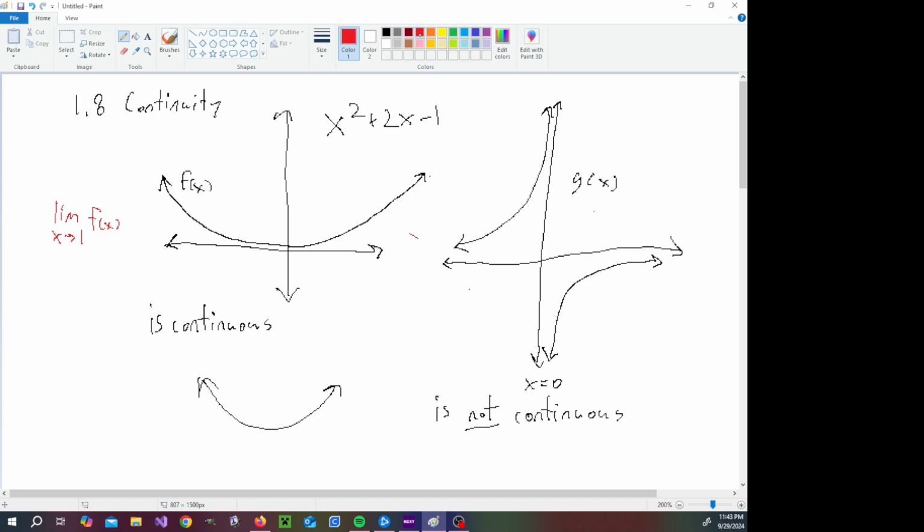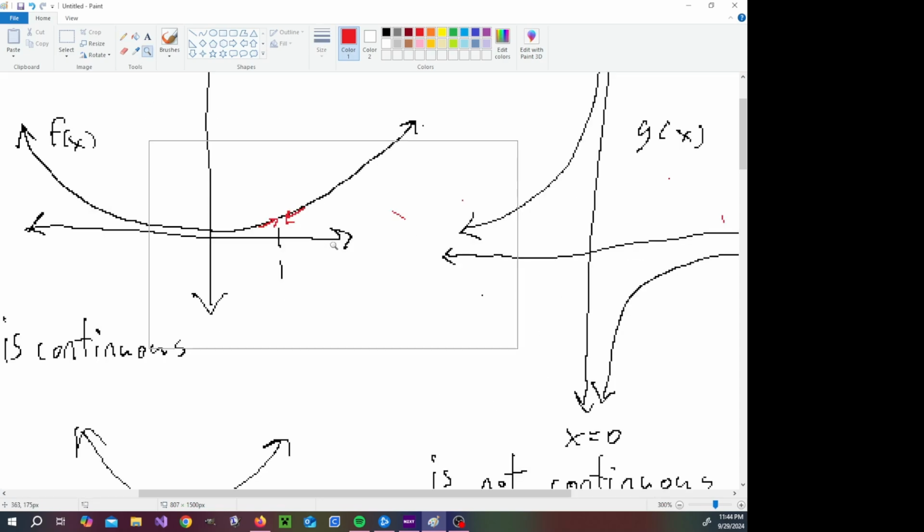Well, our conversation about limits says, okay, if this is the x value 1, that mark right there, then what we should be doing is looking on the left and on the right, where we come from as we get close to that value, right?